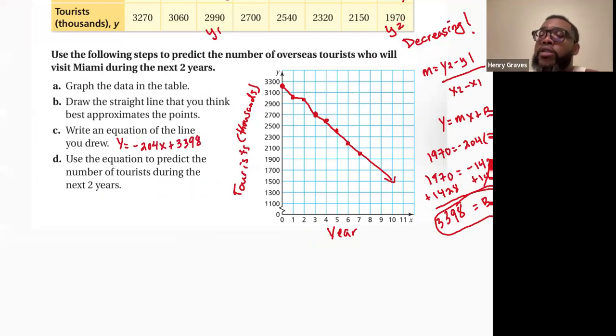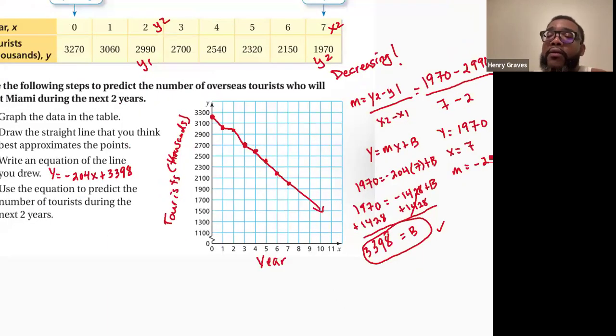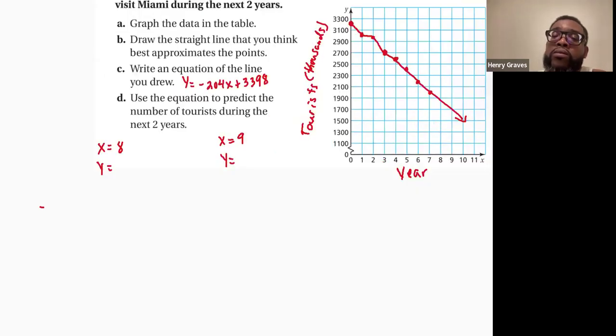Close enough. So we need to now predict what's going to happen in the next 2 years. So my next 2 years is when x equals 8 and when x equals 9. What are the y numbers? So y is going to equal negative 204 times 8, plus 3398.